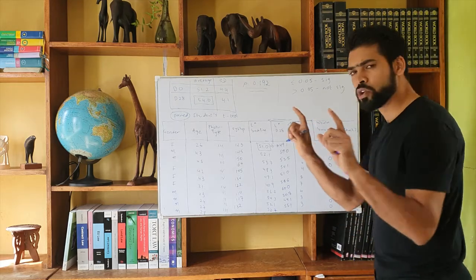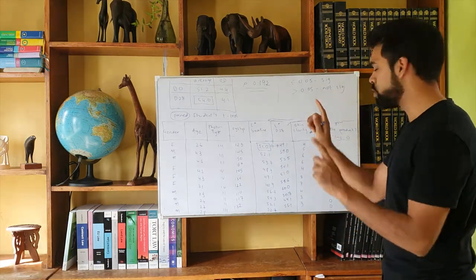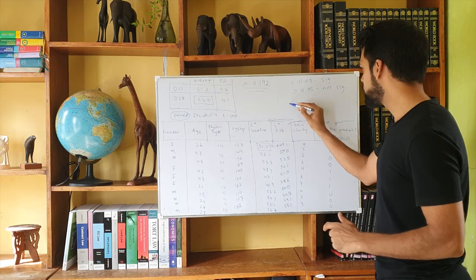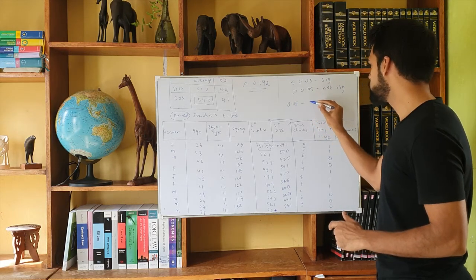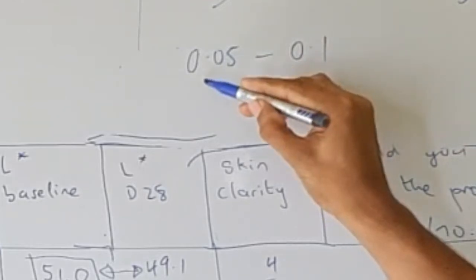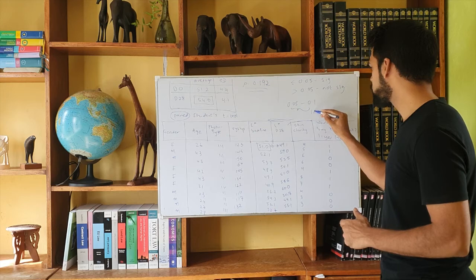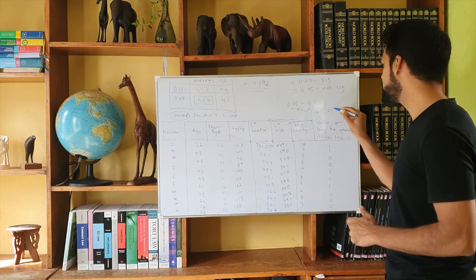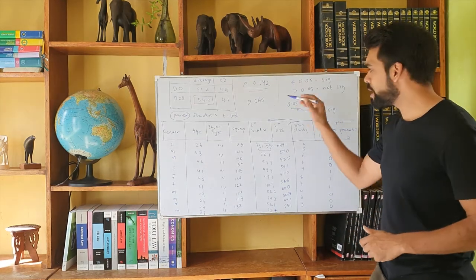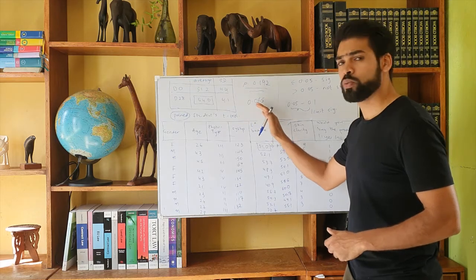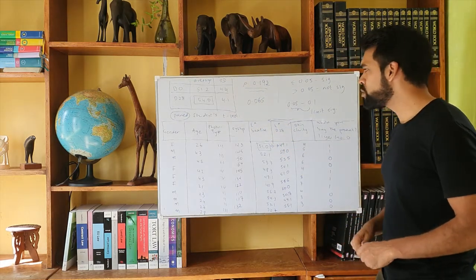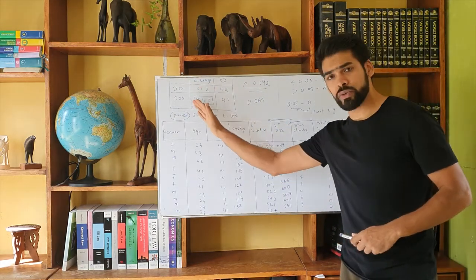There is also a gray area in terms of the range of values from 0.05 to 0.1. So when the p-value falls within this range, we tend to say that the change is limited significant. So if I get a p-value of, for example, 0.065, I would tend to say that there is an increase.